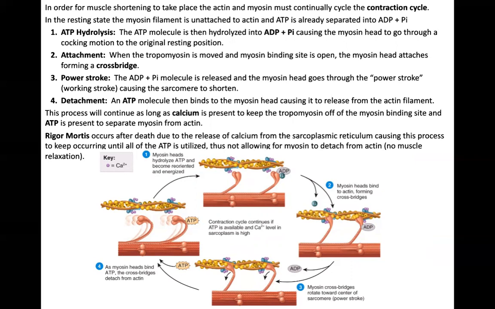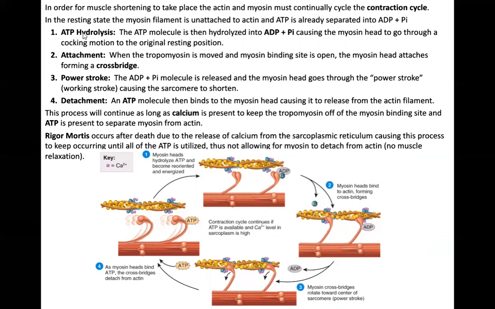In order for muscle shortening to take place, actin and myosin must continually cycle through the contraction cycle. In the resting state, the myosin filament is unattached to actin, and ATP is already separated into ADP and Pi. But as we know, when calcium binds to troponin, tropomyosin shifts, exposing those binding sites, which prepares us to form a cross bridge, which I'm getting from 1 to 2 here.